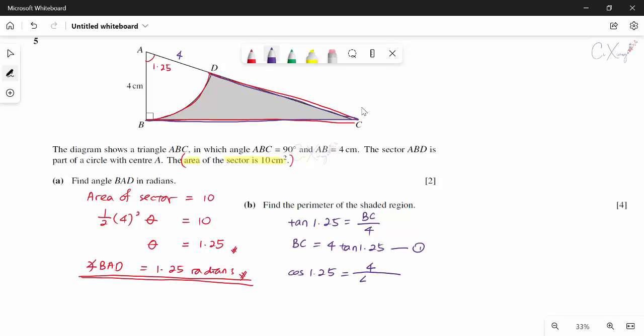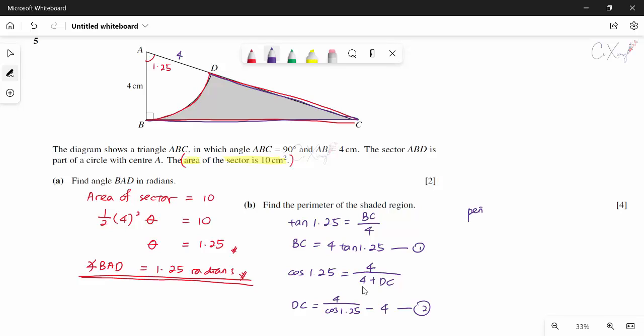From this equation, I will eventually get DC equals 4 over cos 1.25 minus 4. I'll keep this to be used later.